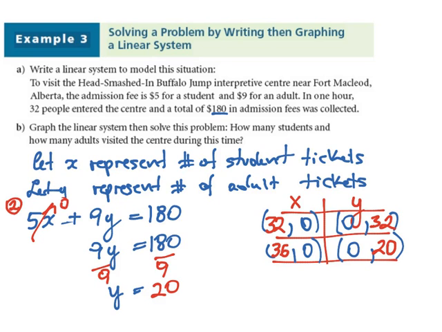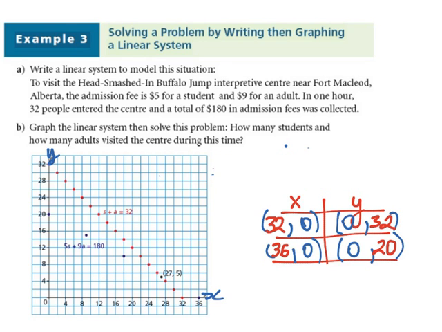Now, since we have all the x and y-intercepts for both of these linear equations, we're going to use them to plot these two lines on a graph, and then find the intersection point between the two lines. Our first equation starts at 32 and 0, so it's right here, and finishes at 0 and 32.